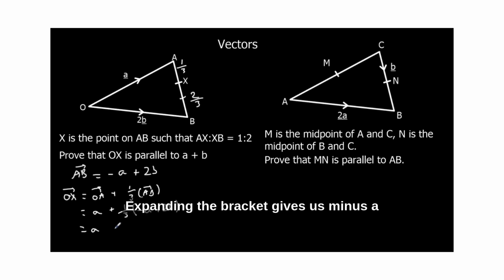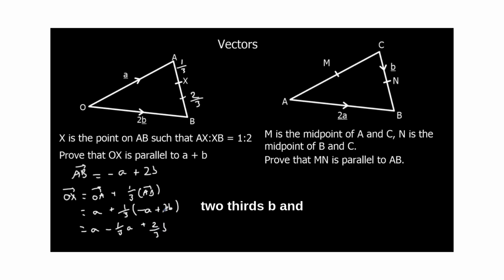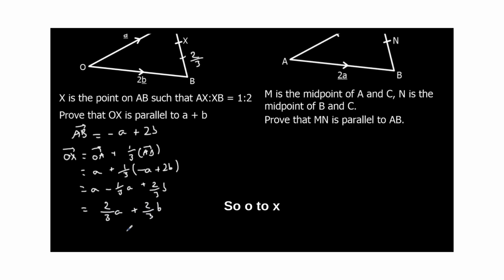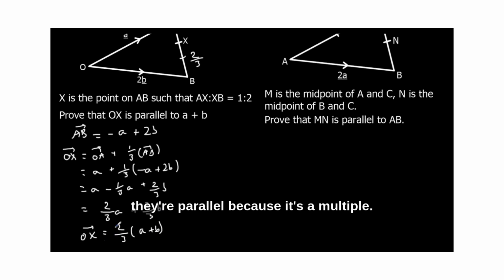Expanding the bracket gives us minus 1/3 A plus 2/3 B, and a whole take away a third is 2/3, so we've got 2/3 A plus 2/3 B. So O to X is 2/3 of A plus B. Therefore, they're parallel because it's a multiple of A plus B. It's 2/3 of it, so it's parallel to it.